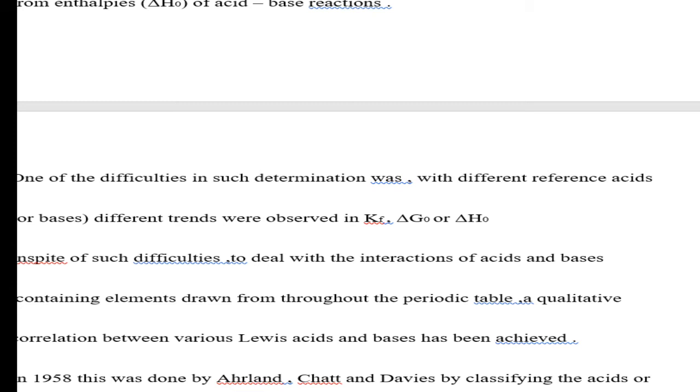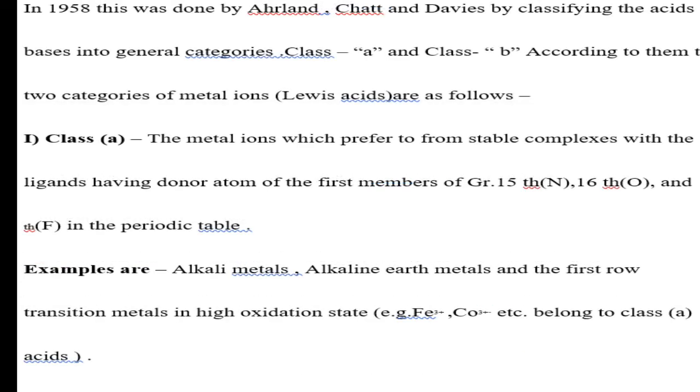In 1958, this attempt was made by Ahrland, Chatt and Davies by classifying the acids or bases into two general categories of class A and class B.